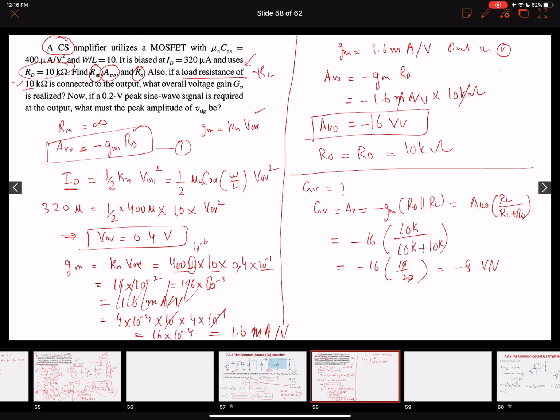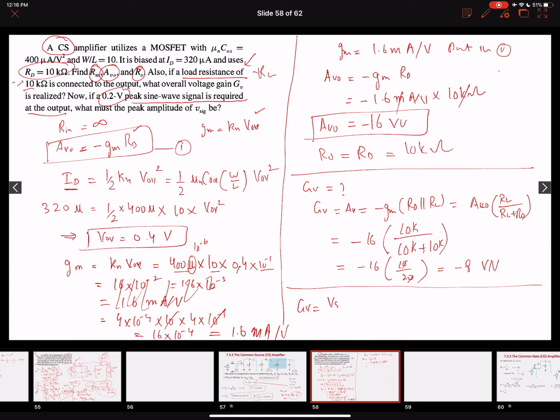Okay, now let's do the third quick part of this question. If we have a 0.2 peak sine wave signal required at the output, so if we want our output signal to have a maximum peak voltage of 0.2 volts, what must be the peak amplitude of the signal, V sig?